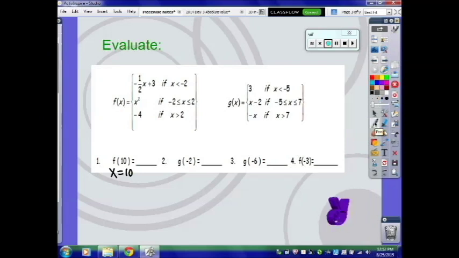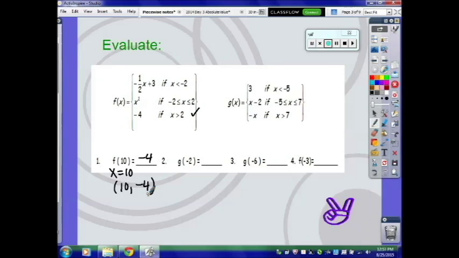So we have to look at our x and decide which piece we are going to use of our piecewise function. Since my x is 10, 10 is greater than 2, that's a true statement. That means I'm going to be using this piece of my function. So f of 10 is equal to -4. What you've done here is you've created a point on your graph. So 10, -4 is a point on our graph.